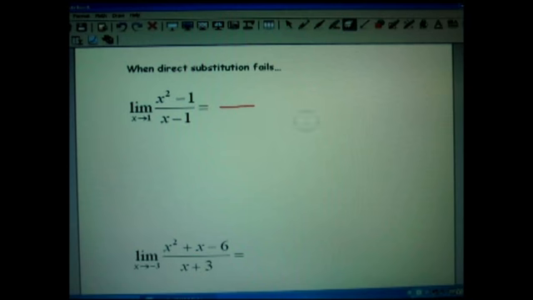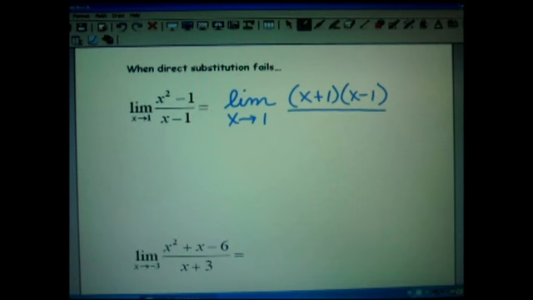So when I'm presented with this, what I actually want to try doing is rewriting the limit in its factored form. So this is generally the first thing you try if you find out that direct substitution is not going to work. I would rewrite this as x plus 1 times x minus 1 all over x minus 1.